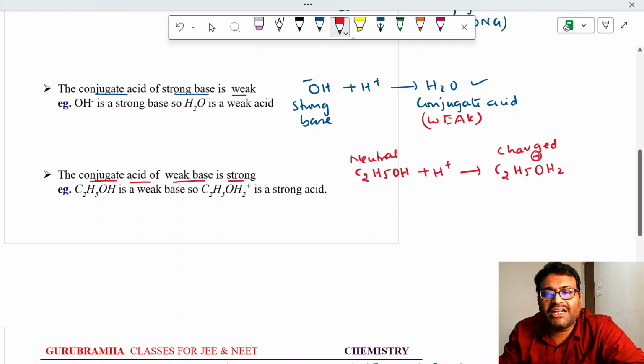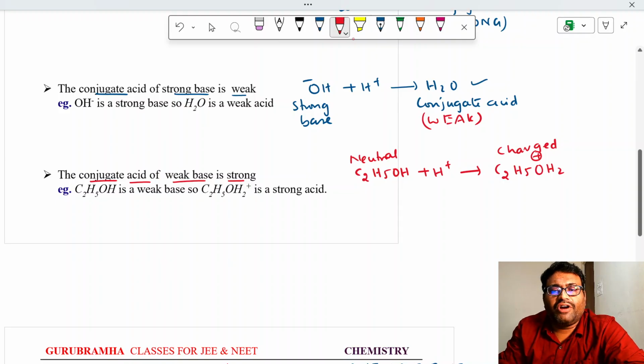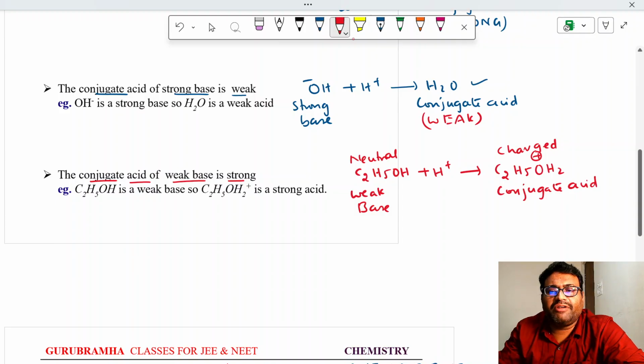Neutral is more stable than charged in this case. So we say it is a weak base. So automatically, what is this? It is the conjugate acid of C2H5OH. If one is weak, the other will automatically be strong.